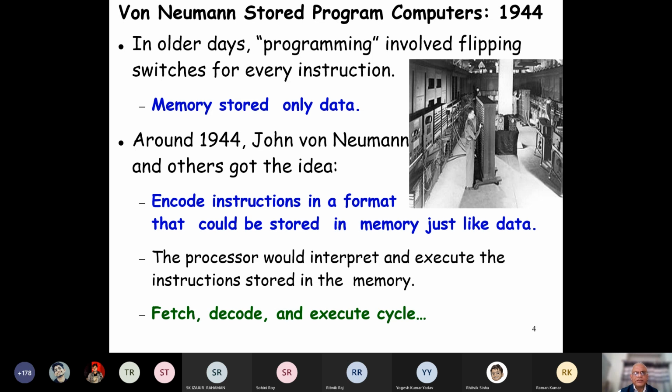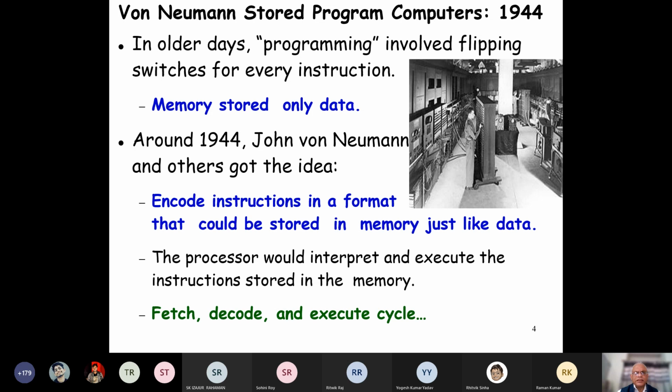How does he execute an instruction? He flips switches here. Just like you do in the calculator, you enter numbers and then enter an instruction, and then the result gets stored. You enter additional numbers and so on, and then the instructions you enter. Here it used to happen almost like that, excepting that the data was stored.